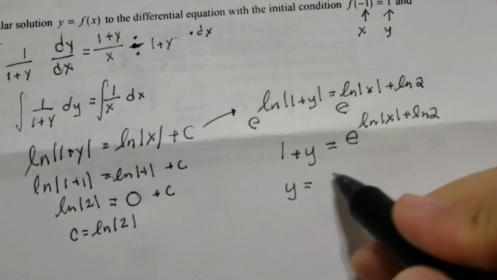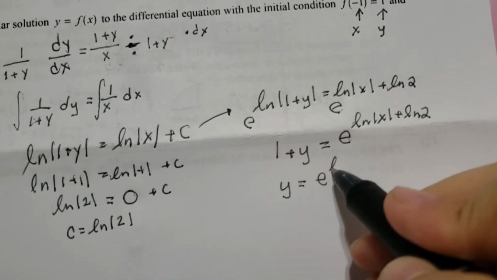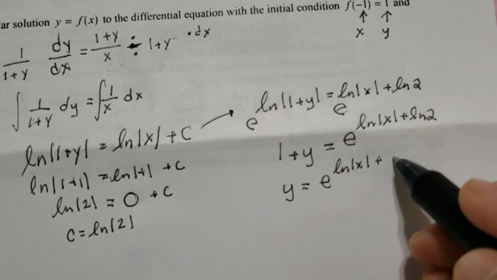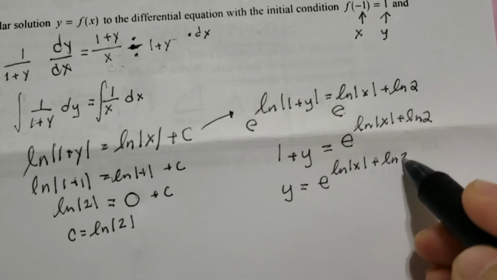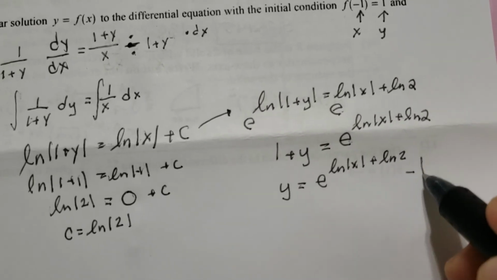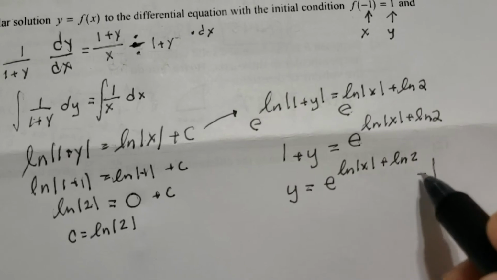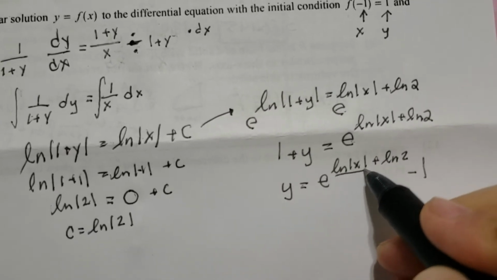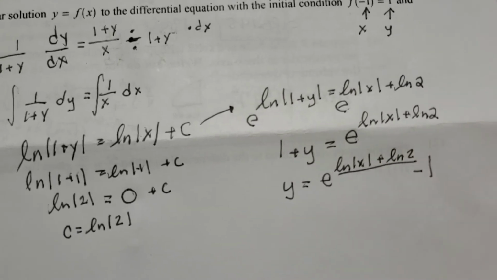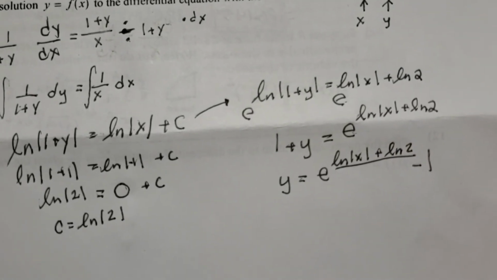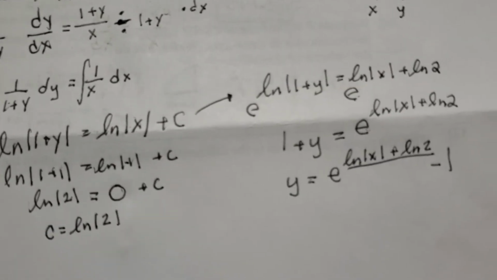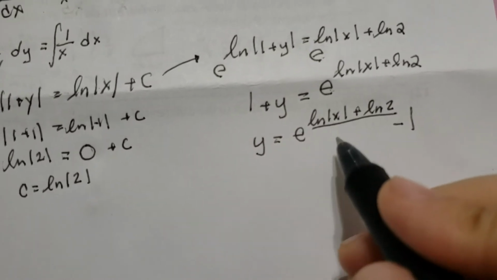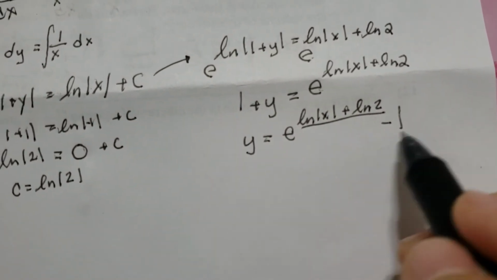So now my y is e to the natural log of x plus the natural log of 2 minus 1. Be very careful of where you place it. You got to make sure that this all looks like 1 power. If you want, you could make a little shelf up there. It's really unorthodox, but as long as it makes a clear message that that's in a power, no one's going to sneeze at it. Now, you can stop here and you're done.